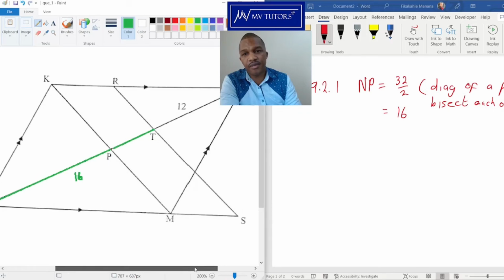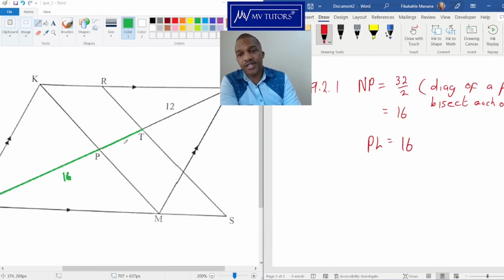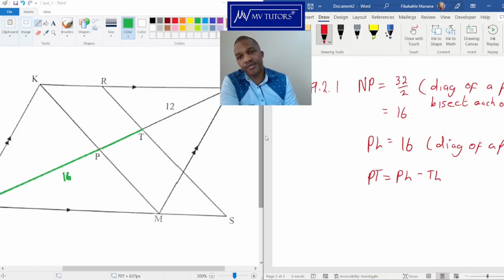And now we need to solve PT, because we've established NP. First of all, PL is equal to 16 as well, for the same reason: diagonals of a parallelogram bisect each other. And PT is going to be equal to PL minus TL, because TL is given.